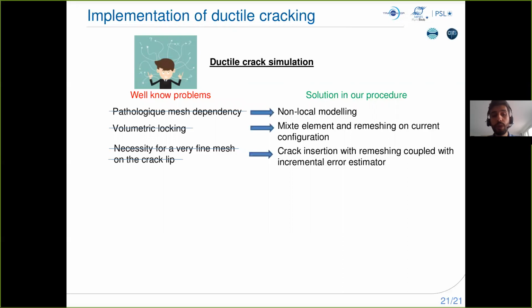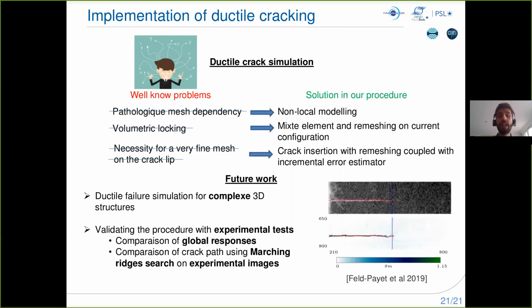I didn't bring up the point of the volumetric locking problem in my presentation, but we have treatments for that. And using our remeshing technique coupled with the incremental error estimator, we can have a fine mesh only in the active crack area.